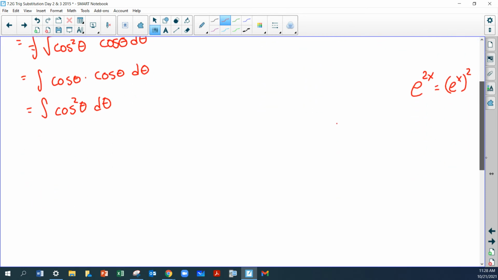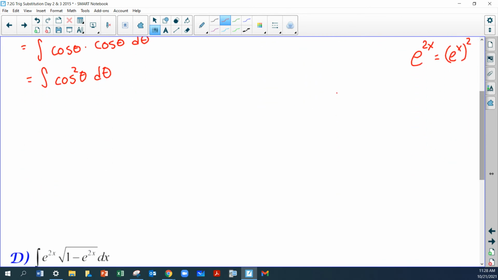With integrating evens, we use that power reducing formula, which will give us 1/2 integral 1 plus cosine, double the angle, d theta. I pulled my half out front. That I can integrate, can't I? That has a nice integral.